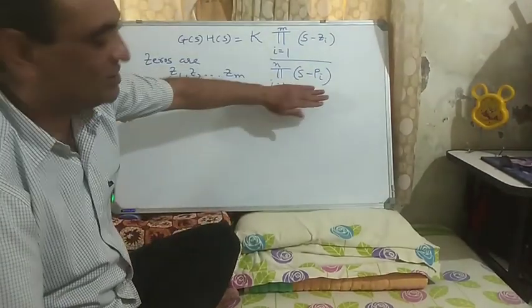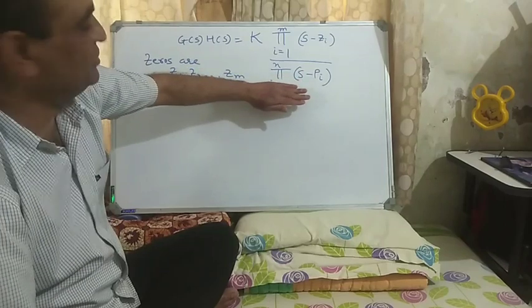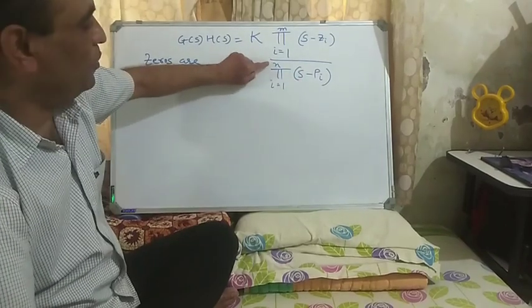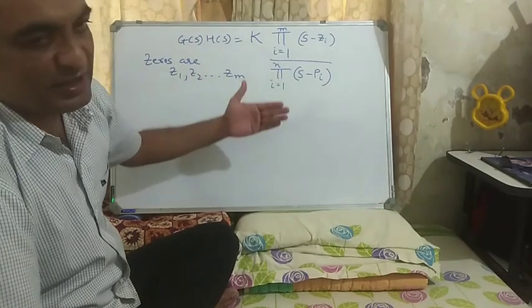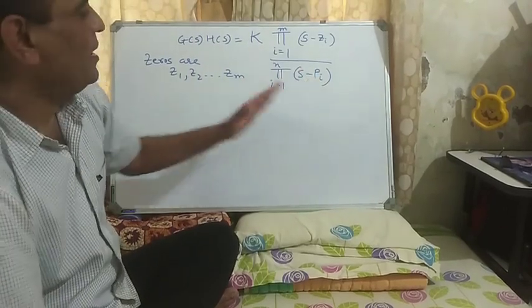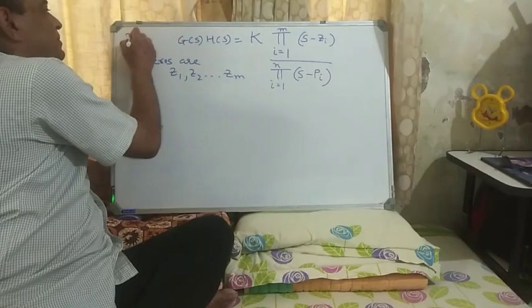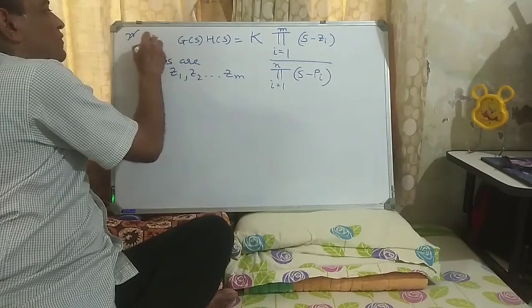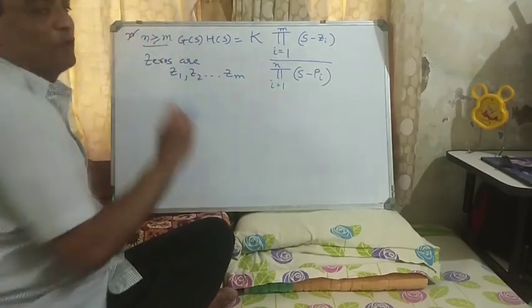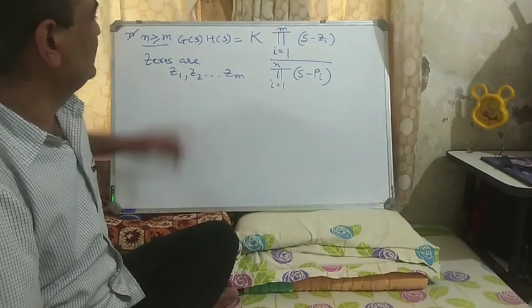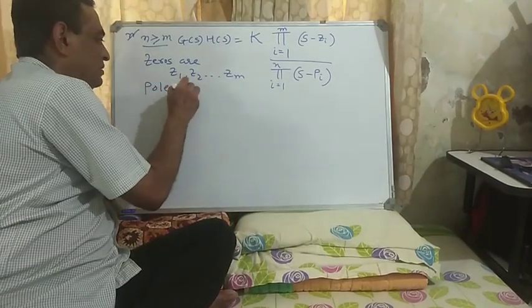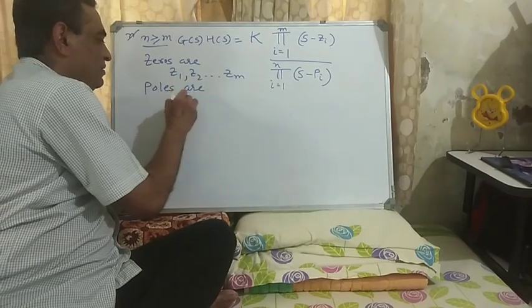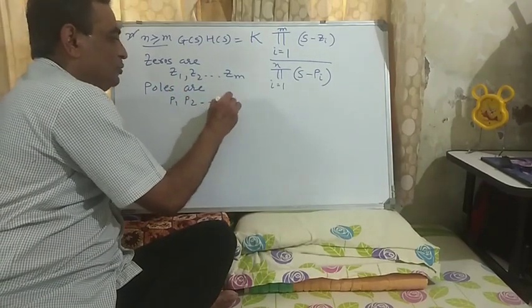On the denominator side, you will get the poles. There are n poles: (s minus p1)(s minus p2)(s minus p3) up to (s minus pn). Remember that n is always greater than or equal to m for a proper transfer function. The poles are p1, p2, up to pn.